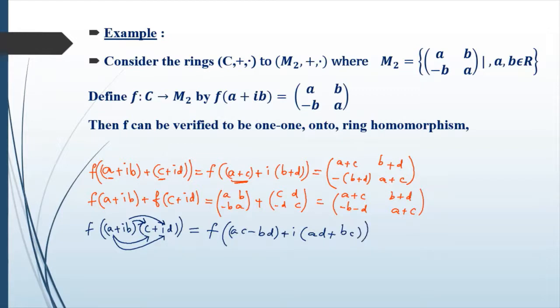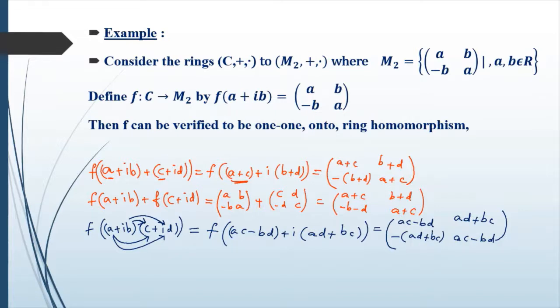So this is the normal multiplication of complex numbers. And after applying f, the result will have the real part in the leading diagonal, so we will have ac minus bd in the leading diagonal of the matrix and the imaginary part in the opposite diagonal, ad plus bc, and minus of ad plus bc.